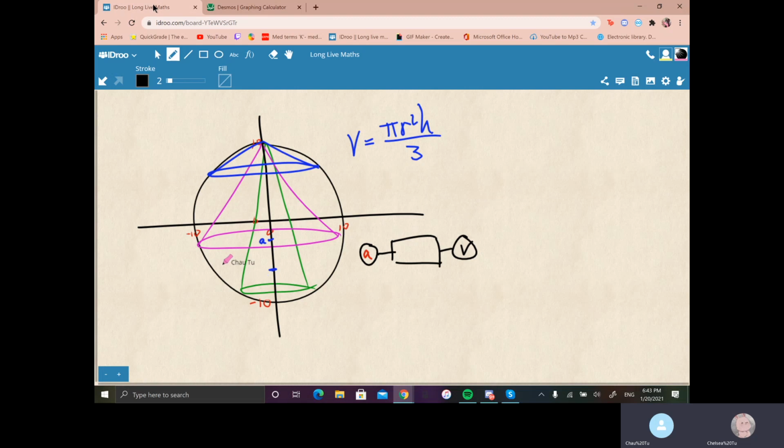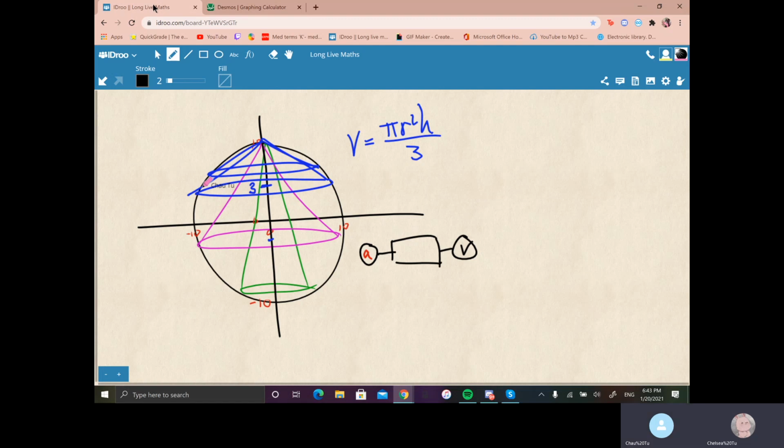So in our case, what's the domain for A? A can scan through the whole system, because if A is up here, let's say at 3, then our cone would be like this.